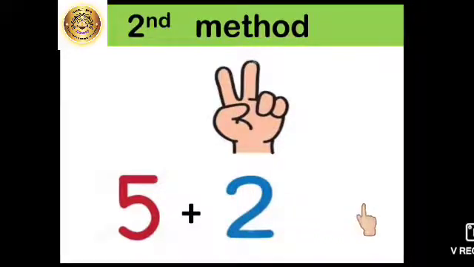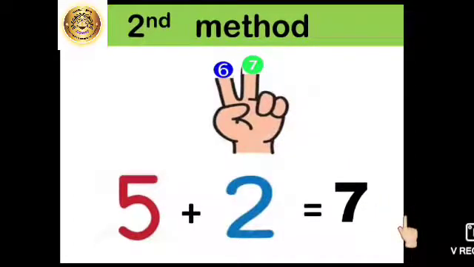Means you take out 2 fingers and start counting forward from the greater number, that is 5. So count next to 5: 6, 7. The last number we got here is 7. So 7 is the answer or sum of this addition.